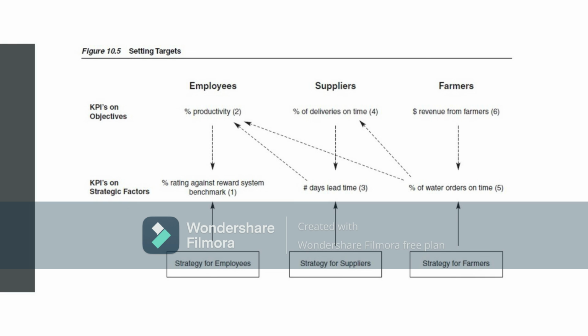The target set on this KPI then affects targets established on KPIs on objectives for suppliers, such as percentage of deliveries on time, number 4, and KPIs on objectives for employees, such as percentage productivity, number 2. These and other linkages are illustrated by the arrows in Figure 10.5.